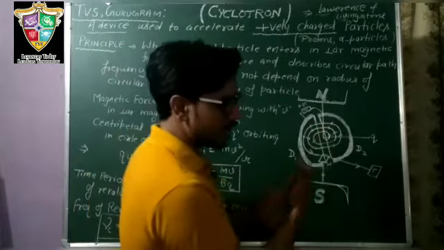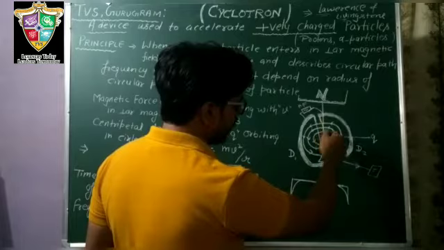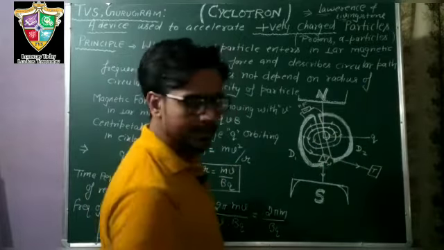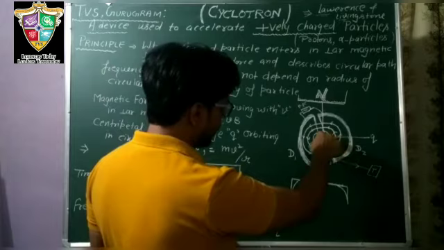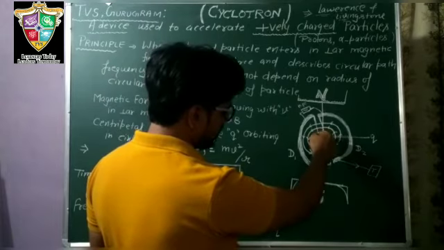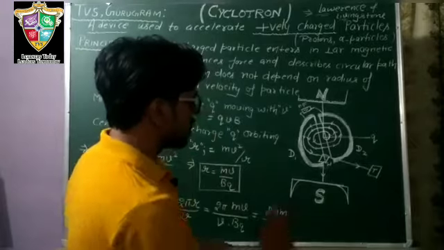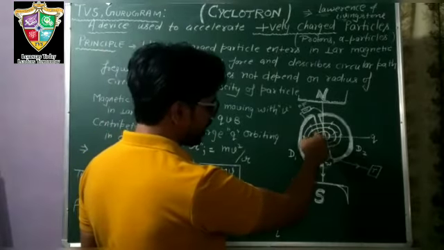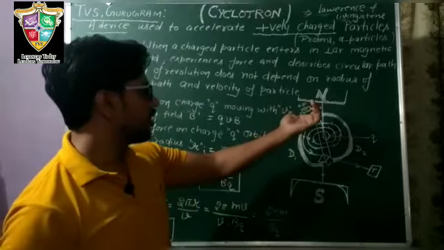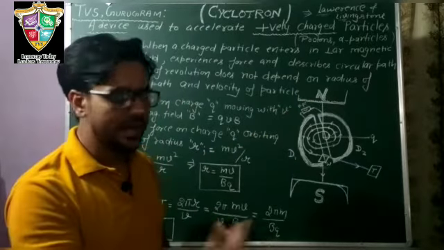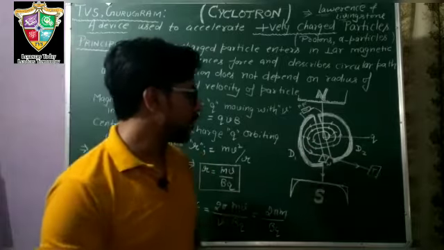Then the charged particle is attracted towards the positive polarity and goes into that D, where due to the magnetic field it covers a circular path, and then it passes through the gap region where there is no force on it, and moves straight. After a fixed interval, the high frequency oscillator changes the polarity. Now D2 is at positive potential and D1 is at negative potential.